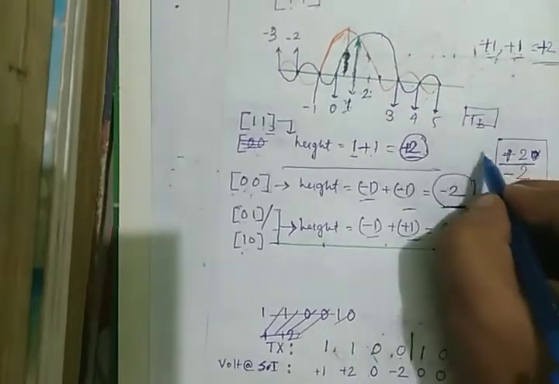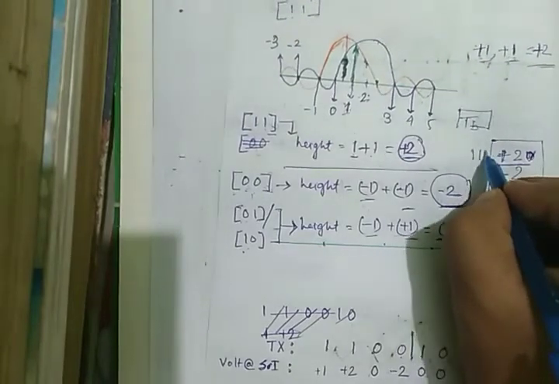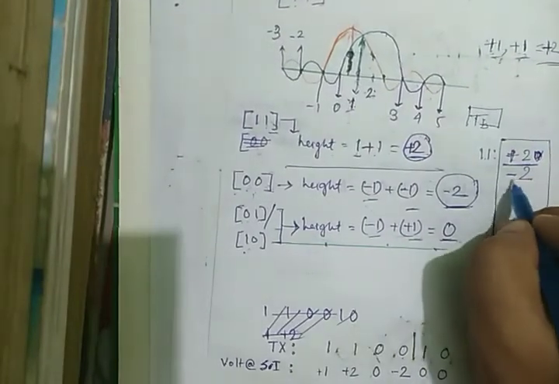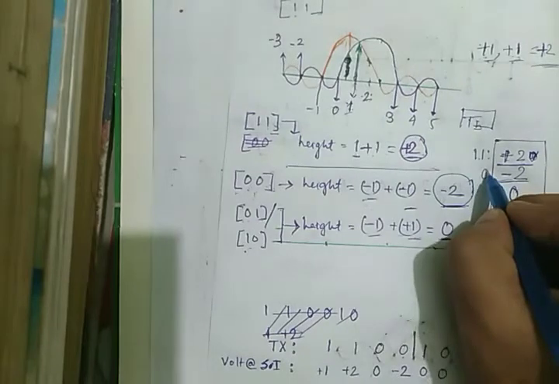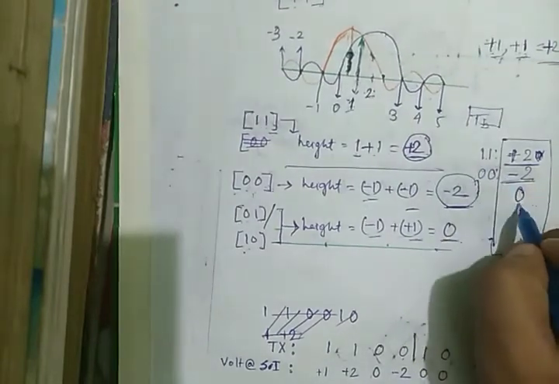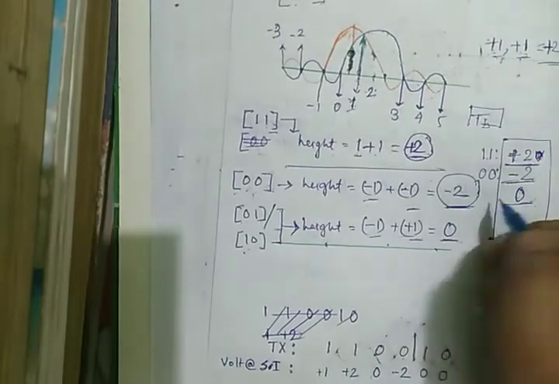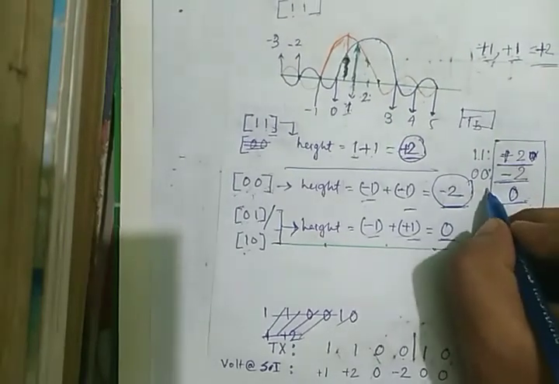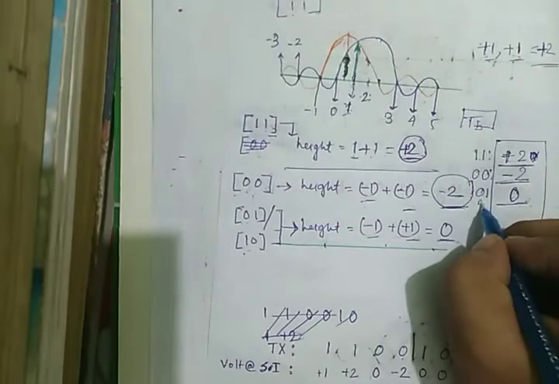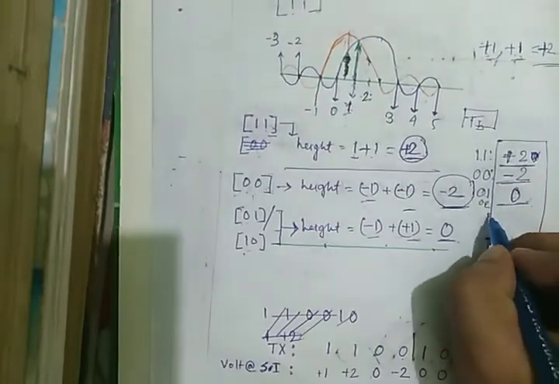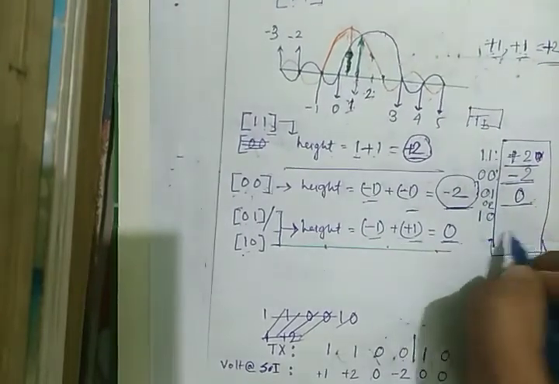The plus 2 unit refers to both my present and my previous bit being 1. Minus 2 unit refers to both my present and previous bit being 0, and 0 unit volt refers to either my present bit being 1 and previous bit 0, or my present bit being 0 and previous bit 1.